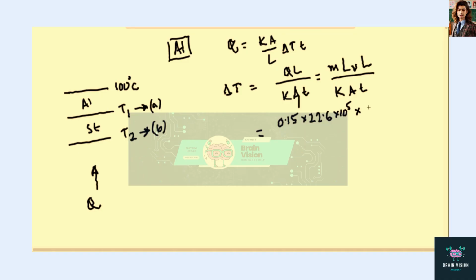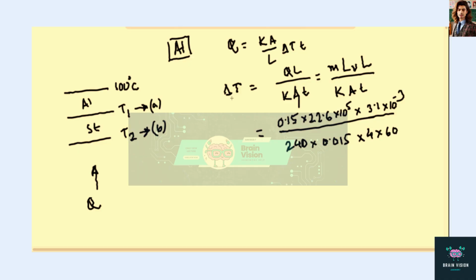The thickness of the pot is 3.1 times 10 to the minus 3. Thermal conductivity of aluminum is 240. The area is given to be 0.015 meters squared, and it takes 4 minutes, so that's 4 minutes times 60 seconds.